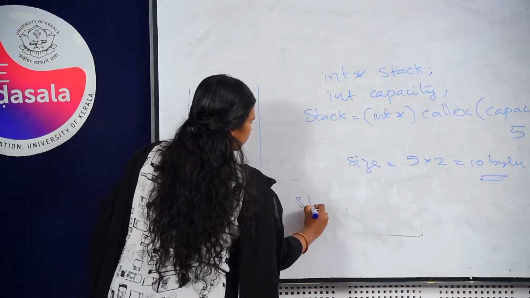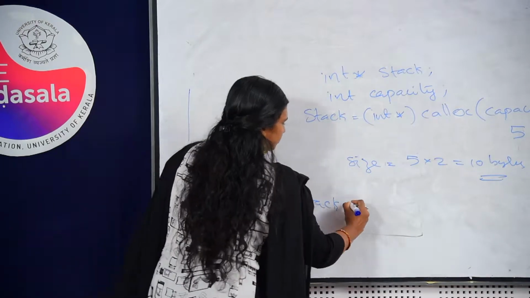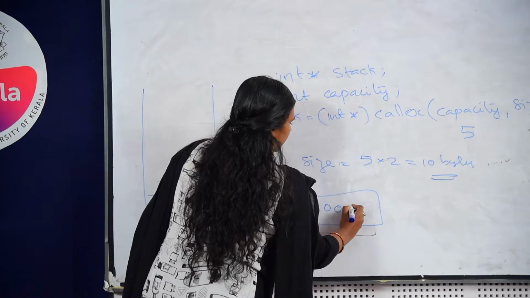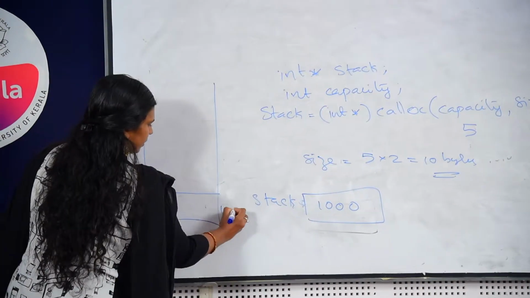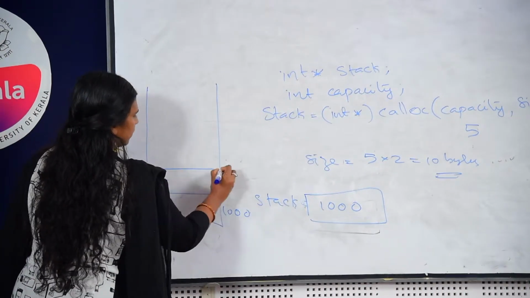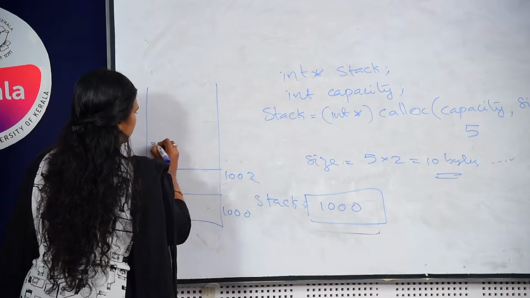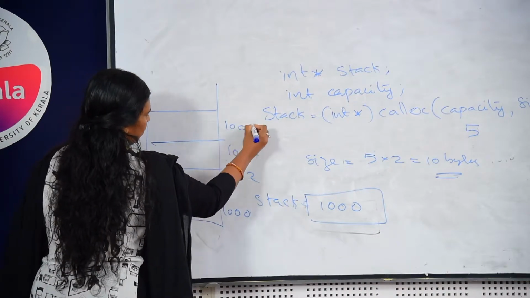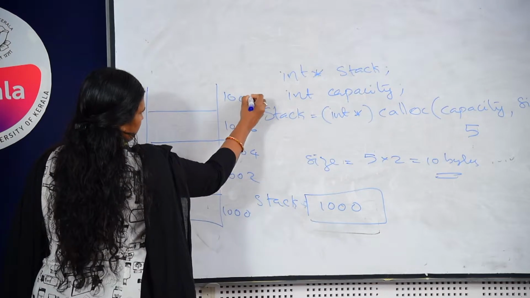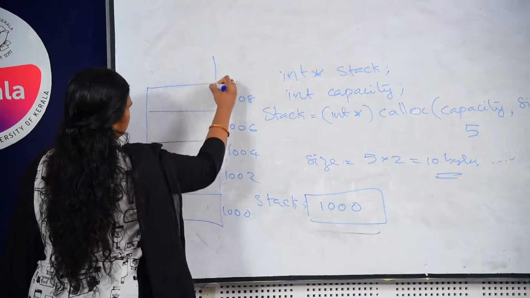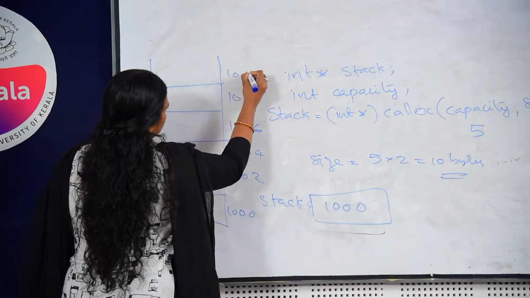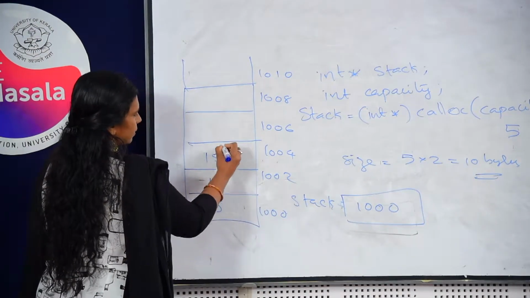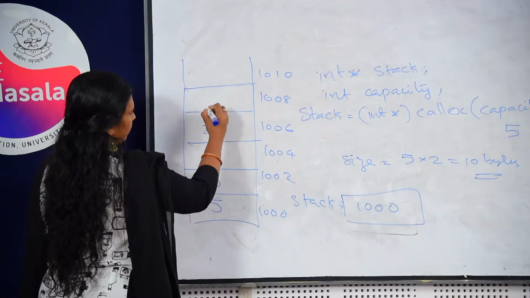That is, first stack will contain the address 1000, that is here 1000 will come, then here 1002 will come, then here 1004 will come, then here 1006 will come, here 1008 will come, here 1010 will come, and the variables will be stored like this.